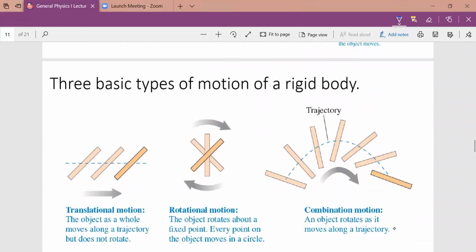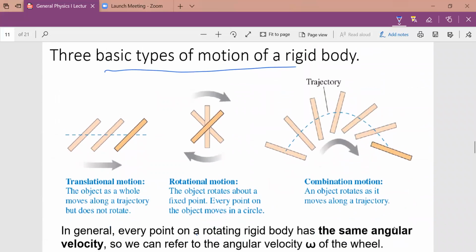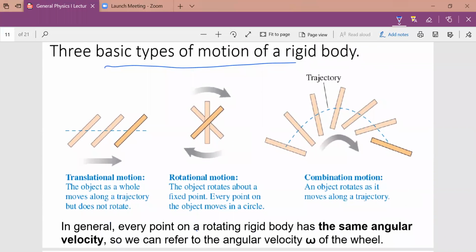We have three basic types of motion in a rigid body undergoing rotational motion. One, the translational motion. Two, the rotational. Three, the combination of both translation and rotation as the object takes a particular trajectory.